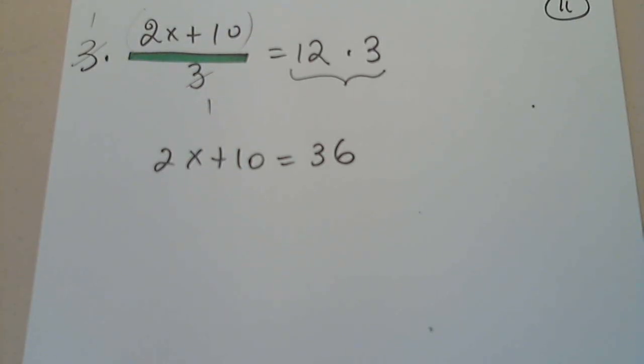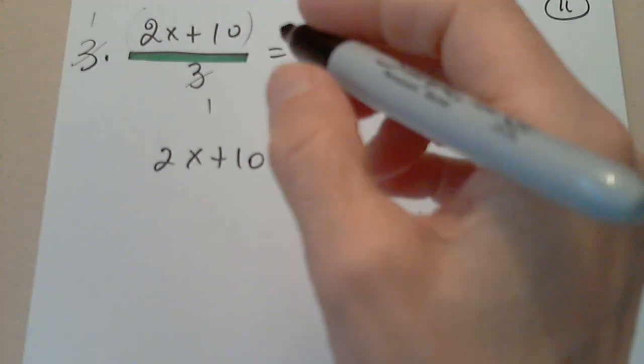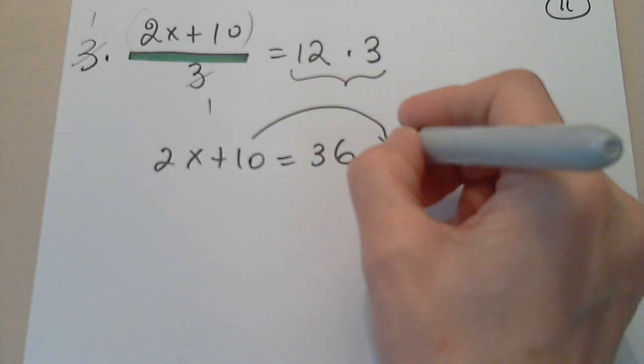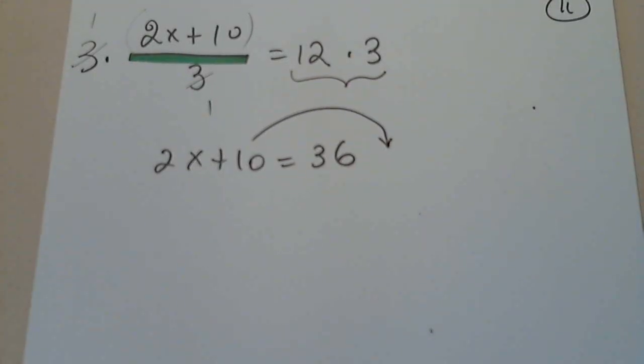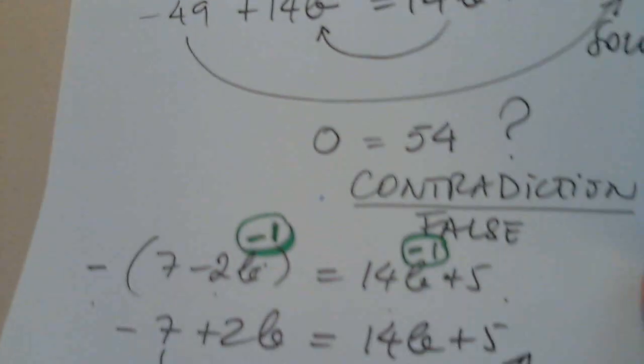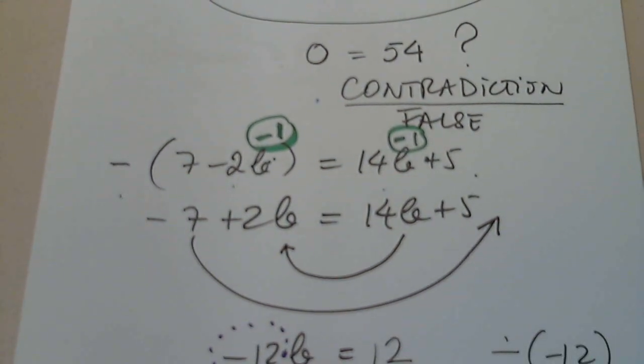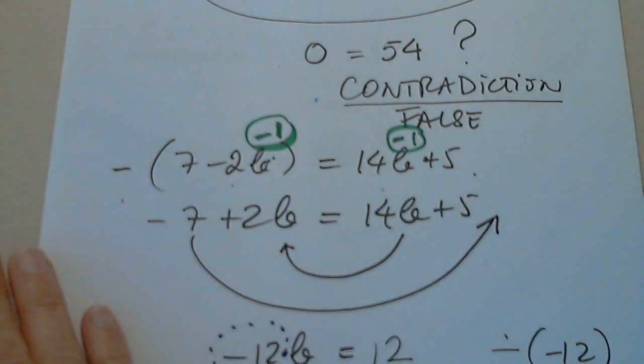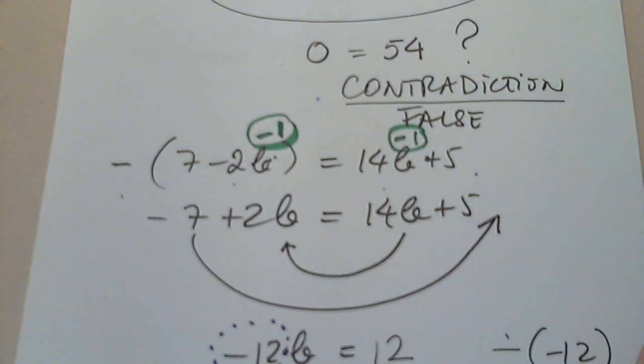No, I have to move 10 to the other side. First, I have to separate the variable from the rest. All terms with the variable are on one side. Everything else has to be on the other.